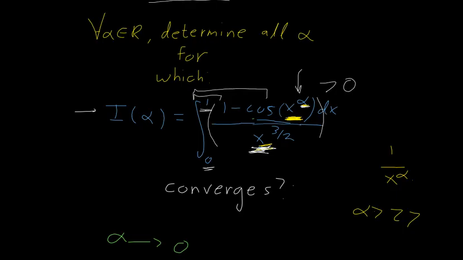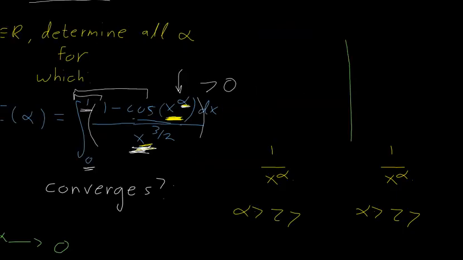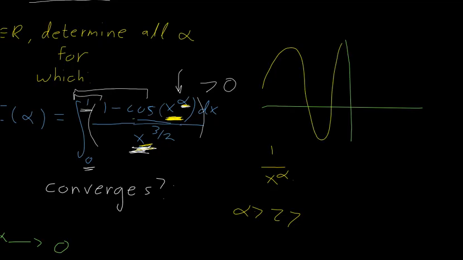So the integral accumulates too much positive area. We had a graph here, too much positive area. It's not going to be exact, but if you were to look at a cosine curve, it'd be too much positive area, like up here.